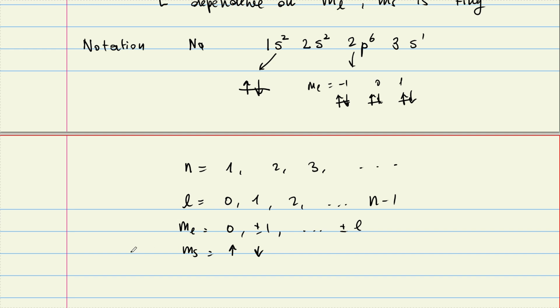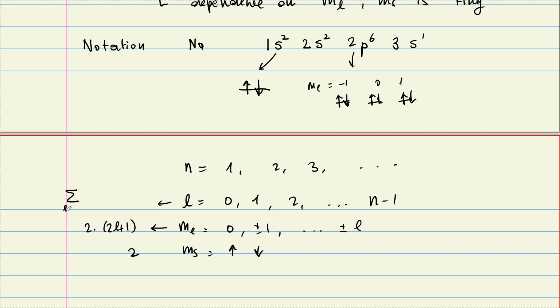So each ML can have 2, right? And each L has 2L plus 1 levels, and in each one I can put 2 electrons, so it's 2 times 2L plus 1. And we need to sum this, right?